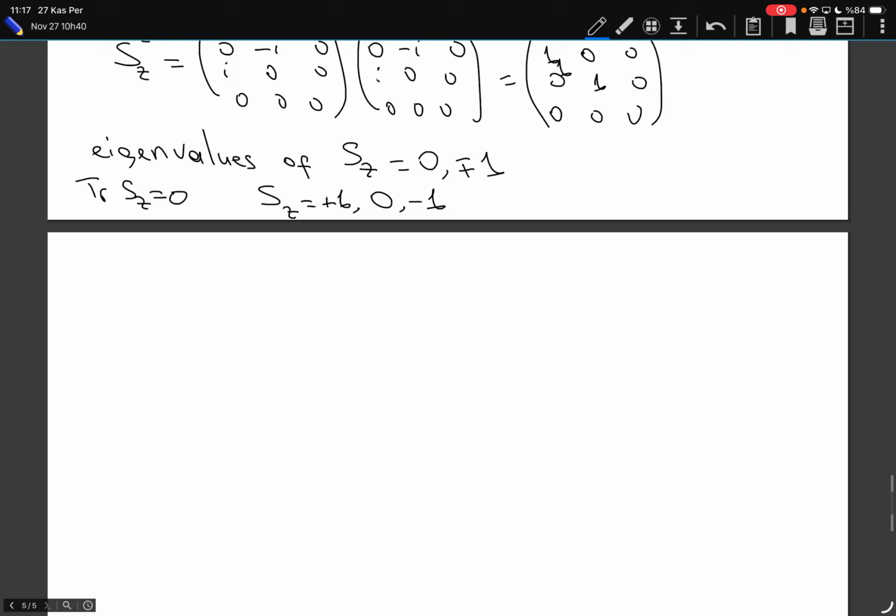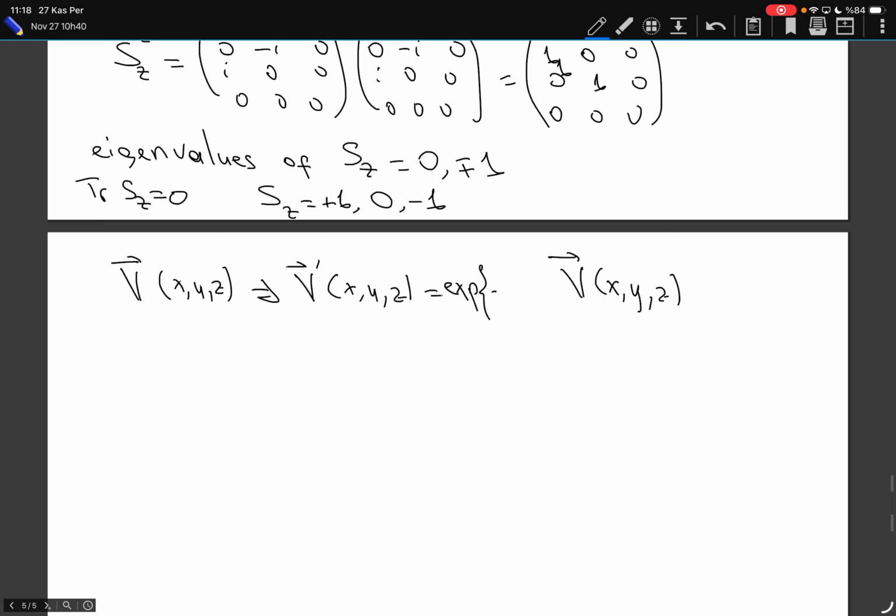So what happened? I have now a vector field. I rotate this whole thing, and after a rotation I get a new vector field, which I can express in terms of the old vector field by multiplying it with this operator.